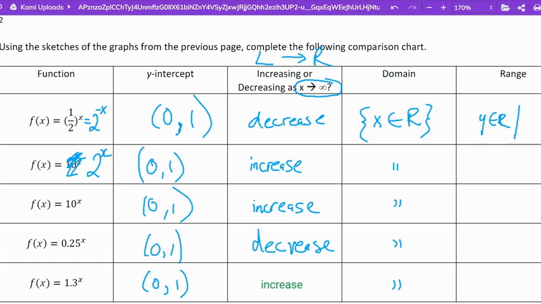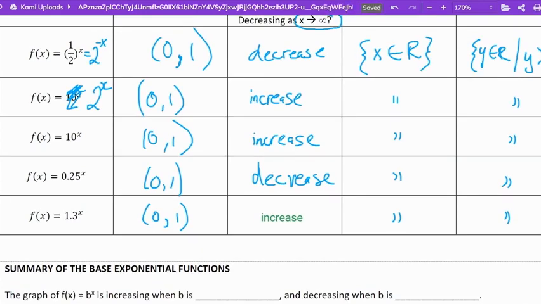It's just getting there slower. So because the asymptote is at y equals 0, the range is always y is greater than 0. So we can use quotations to say that happens each time.